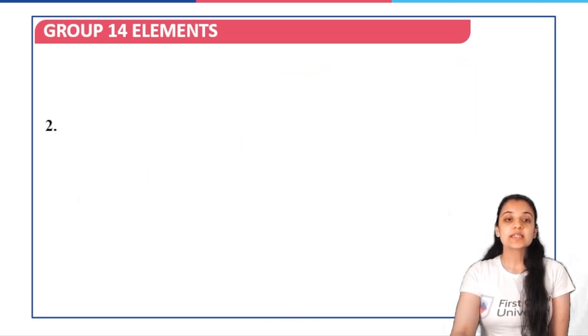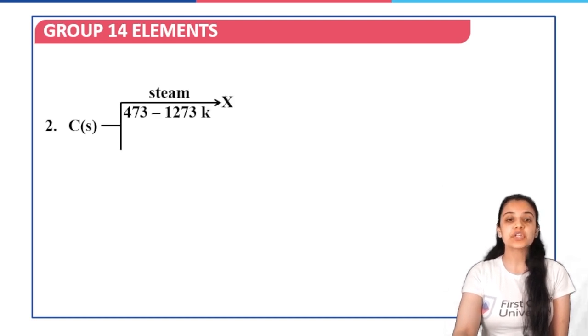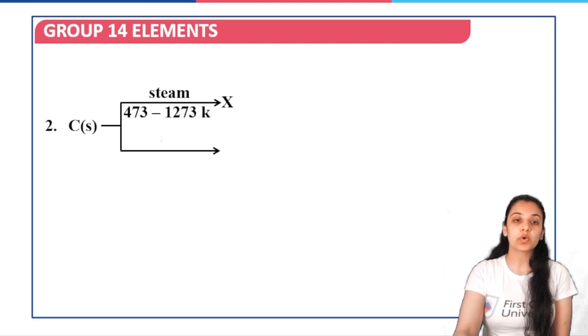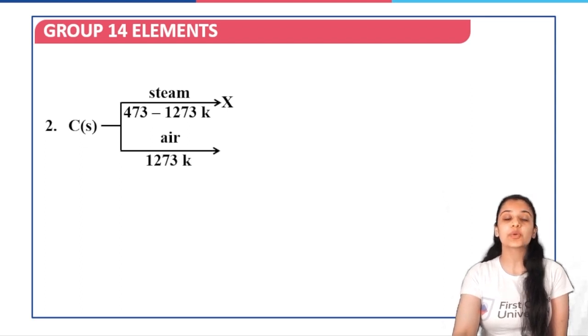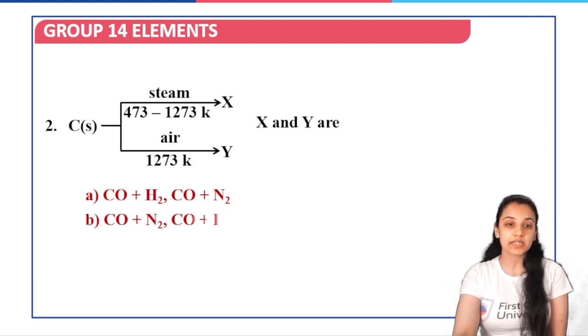Next question is, carbon solid, when reacted with steam at 473 to 1273 Kelvin, gives what product, and when reacted with air at 1273 Kelvin gives what product. So X and Y are to be predicted.